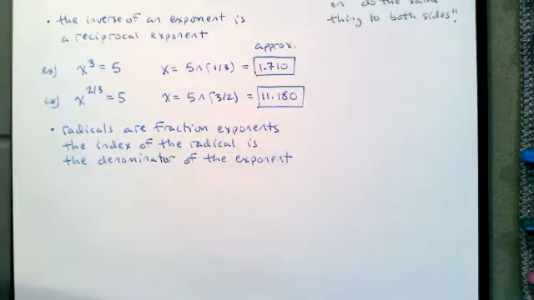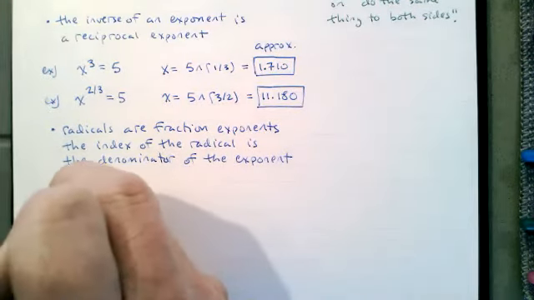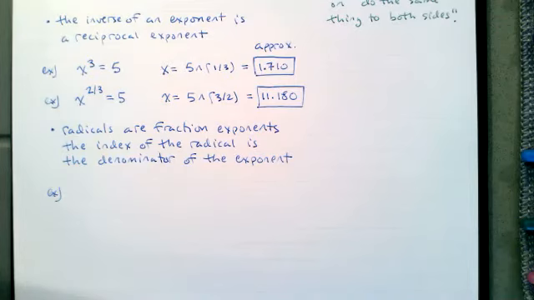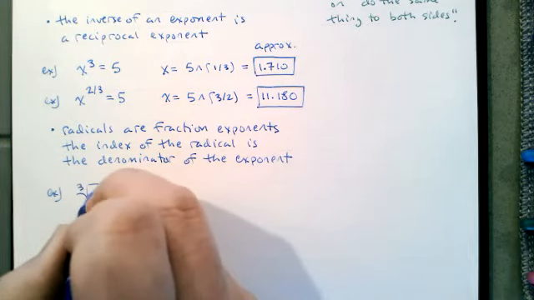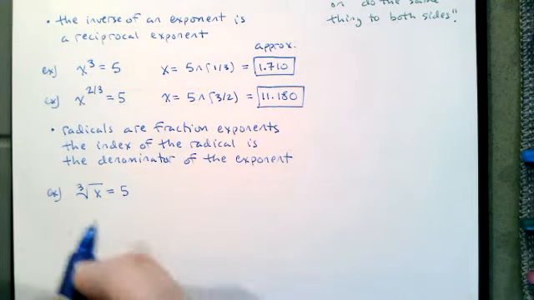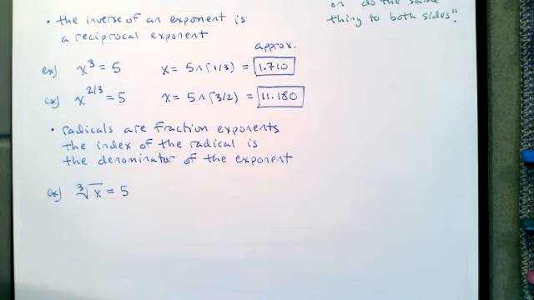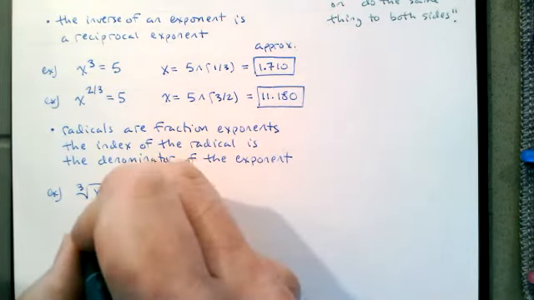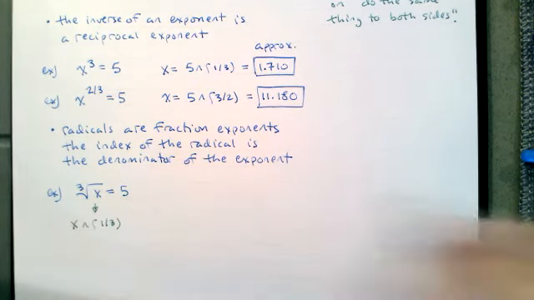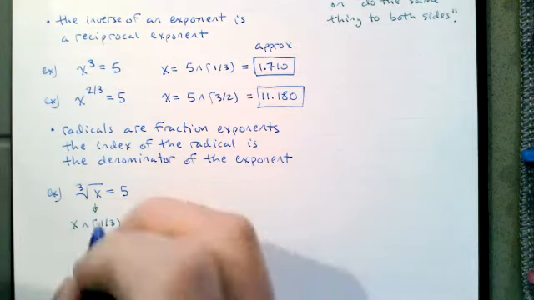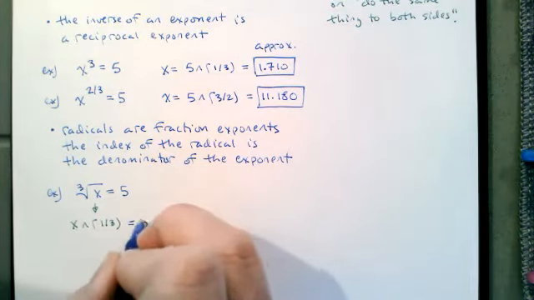But the index of the radical is the denominator of the exponent. So if I wanted to solve an equation, for example, if I have an equation that says the cube root of x is equal to 5, I'm reading this cube root of x as x to the 1/3 power. So my equation says x to the 1/3 is equal to 5.